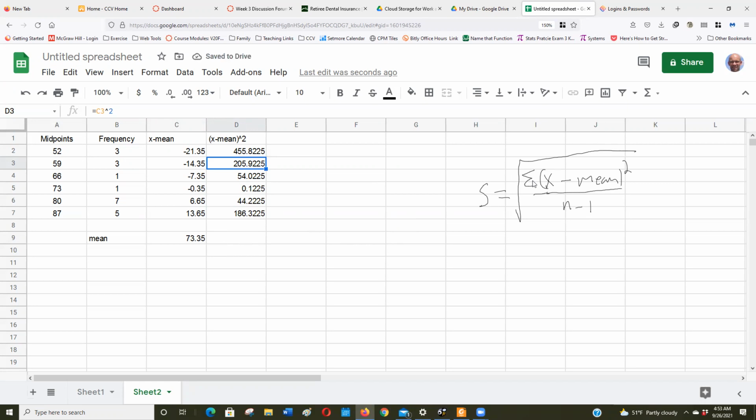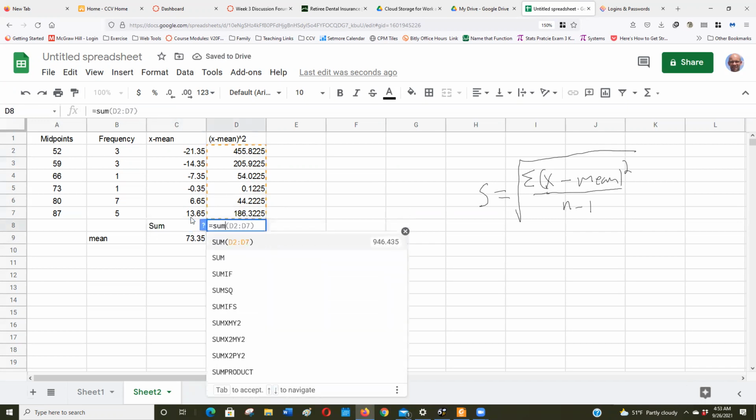Now the formula says add them up. If your spreadsheet's not doing this and you just have the 455, put your cursor on that little box, and then you can drag it down. Okay, and it does the same thing. See, what it does is it takes the value in that cell and squares it. And then I have to add all those up. The formula says add those all up, so I'm going to find the sum of all those.